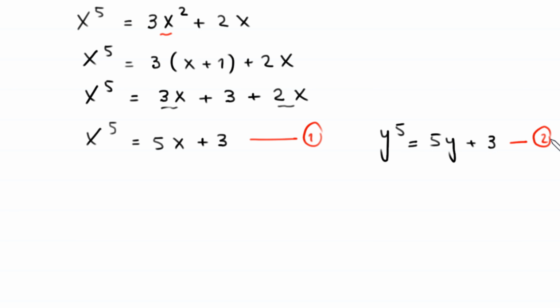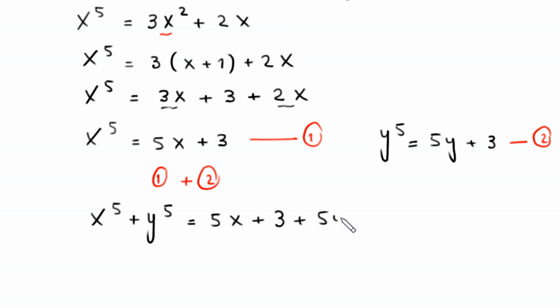Now to find the value of x to the power 5 plus y to the power 5, we add these two equations, equation 1 plus equation 2. This will become x to the power 5 plus y to the power 5 is equal to 5 times x plus 3 plus 5 times y plus 3.